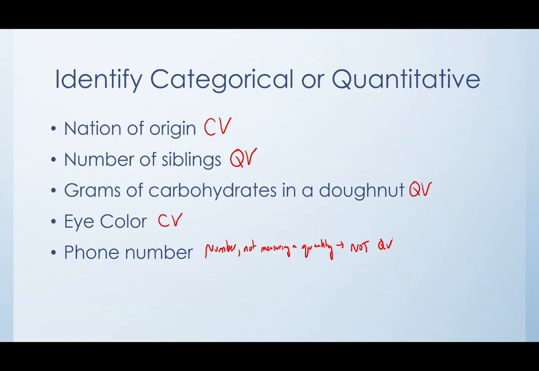But your phone number is also not putting you into groups, not the whole number. The area code used to kind of put you in groups, and even the first 3 numbers of the exchange used to kind of put you into geographic groups, but that's not really true anymore. So it's not really putting you into groups. It is putting you into groups of 1, which is not really putting you into groups.